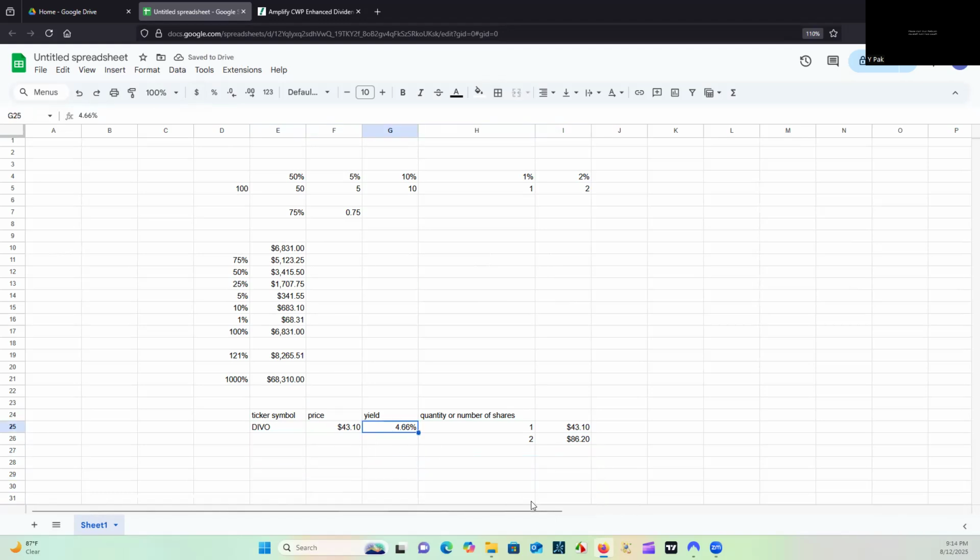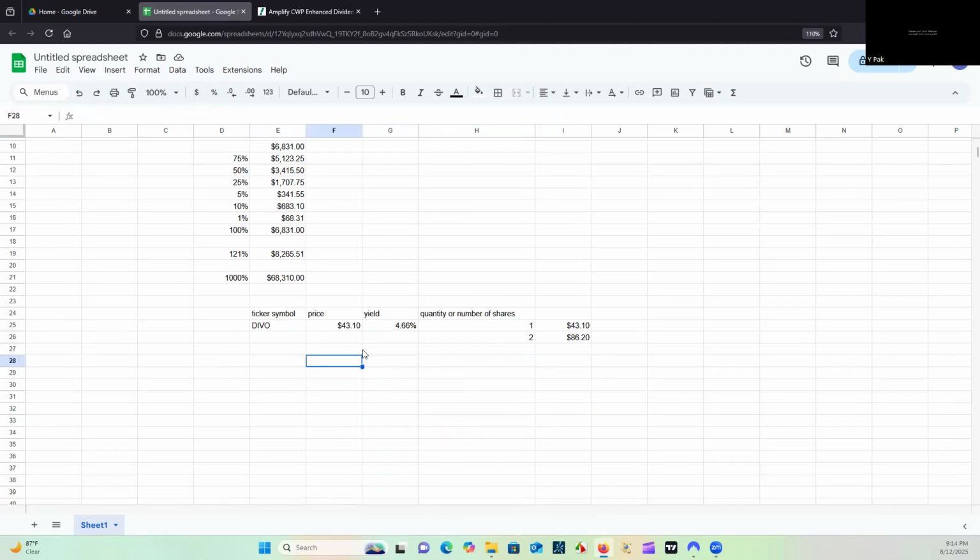Now let's talk about this 4.66% yield. This is how much money they're going to pay you in dividends or interest. Same thing, dividends, interest. So this ticker symbol is an exchange traded fund, which is a bunch of companies, and it will pay you 4.66% per year.